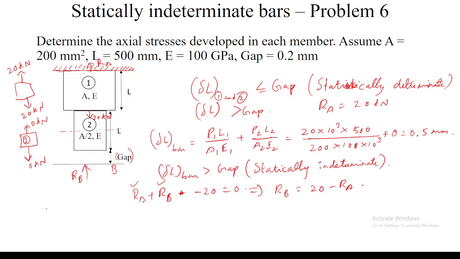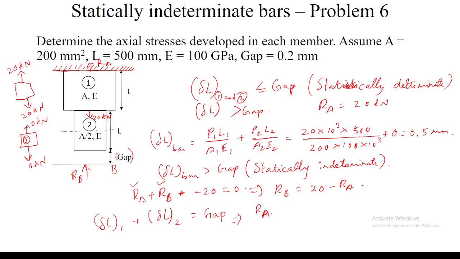So what I will do is, see here delta L of 1, which is the elongation of the first bar, plus delta L of 2, which is the elongation of the second bar, equal to what? Gap is the constraint here, right? Yes, sir. So the whole deformation of this combined system can be equal to this gap. Which in turn I can write as RA.